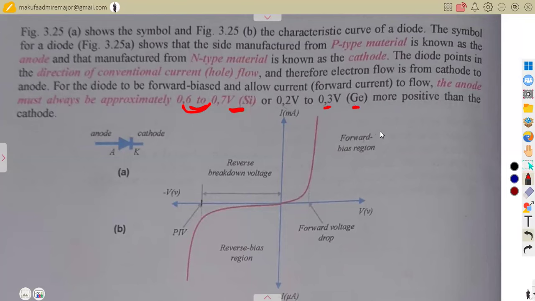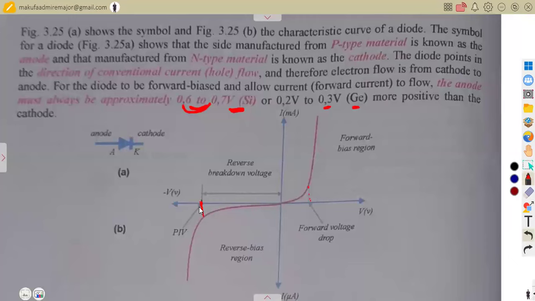So this is the forward bias region that you're working with, at a forward voltage drop. We are given a certain forward voltage, and the reverse bias region where we have the reverse breakdown voltage at this point. So these are the voltages and the current that you're given.